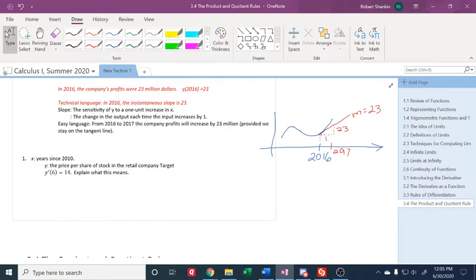And y prime of 6 is equal to 14. Explain what this means. So go ahead into your groups and everybody try and attempt on your own to put it in words. Everybody type it in and then talk it over amongst your group about which kind of language you prefer the most.